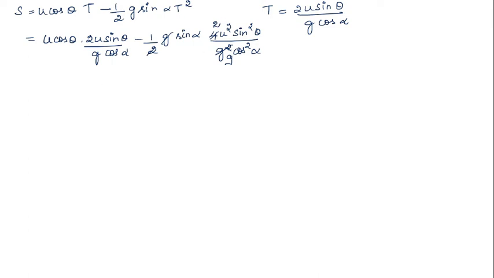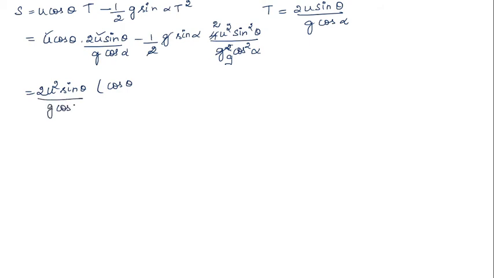Look at the terms, we are going to take the common terms outside. In the numerator, there is a 2 common, you can take outside, and u squared is common, I can take that outside, and one sine theta is there in the numerator, so I am taking that outside. Remaining, there will be a cos theta in the first term. Looking at the denominator, g cos alpha is common in both the terms, so I am taking that also outside.